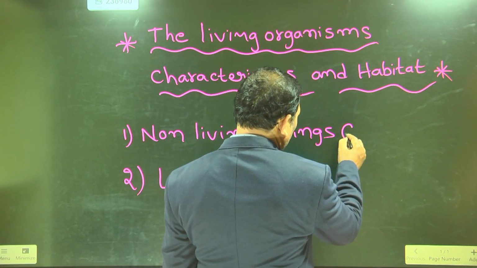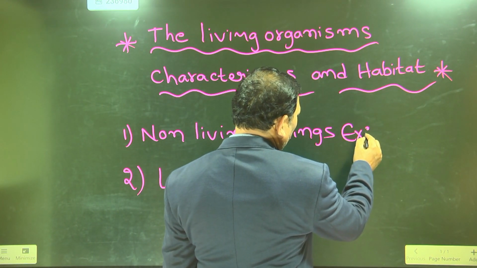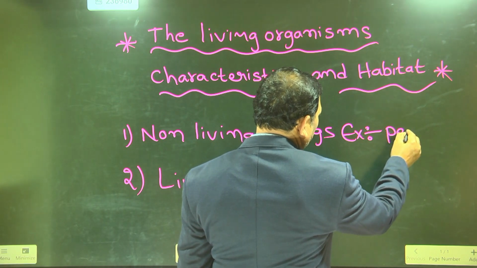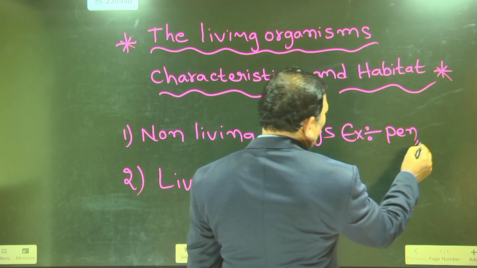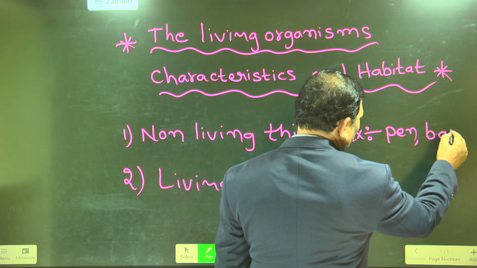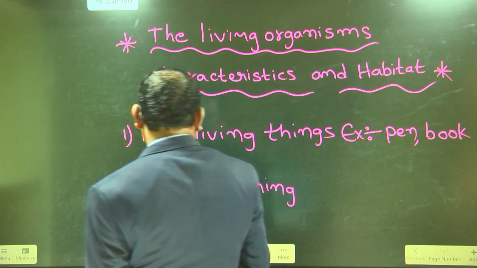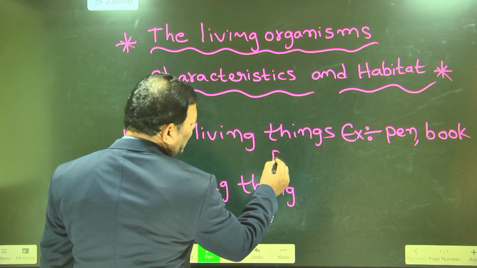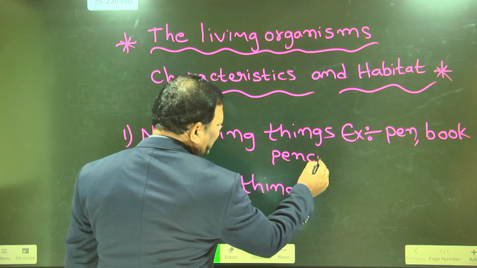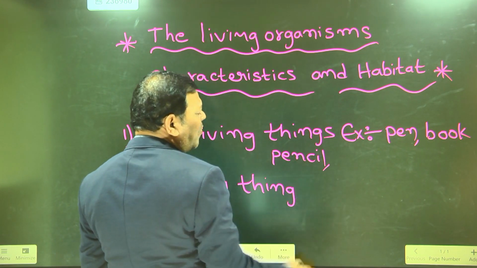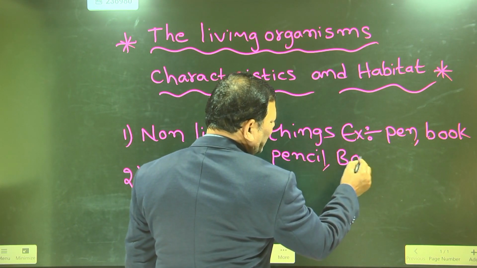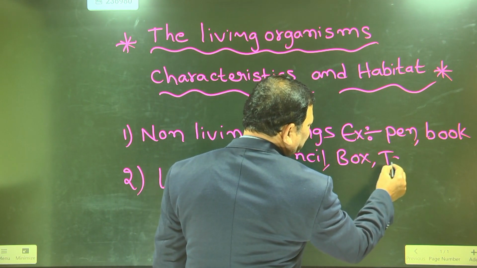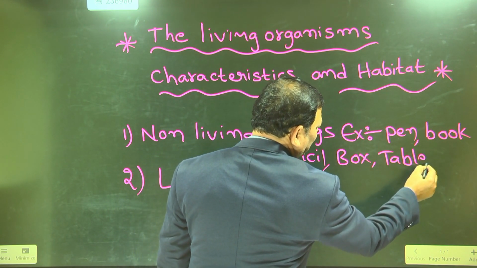Examples of non-living things: pen is a non-living thing, book is a non-living thing, pencil, box, table, computer and blackboard are non-living things.